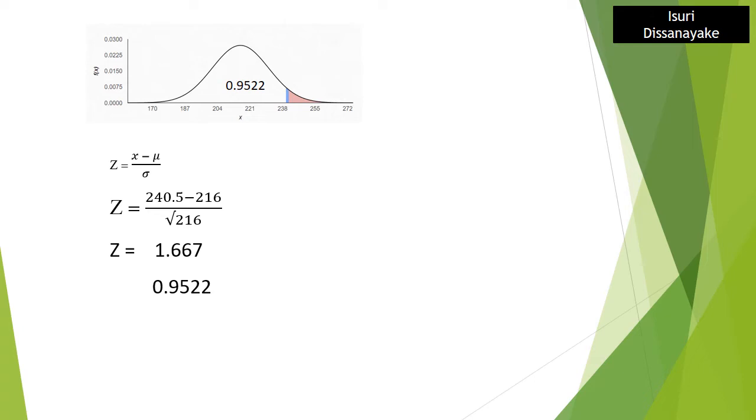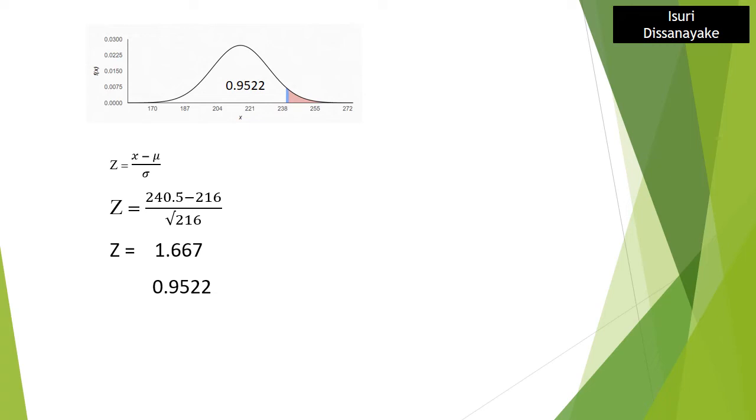Here the x value is 240.5 according to the previous slide, and mu is 216, which is the same as the lambda value. You divide it by sigma. Sigma means the standard deviation. So the standard deviation is square root 216. So the z value is 1.667. You use the normal distribution tables to find the probability.